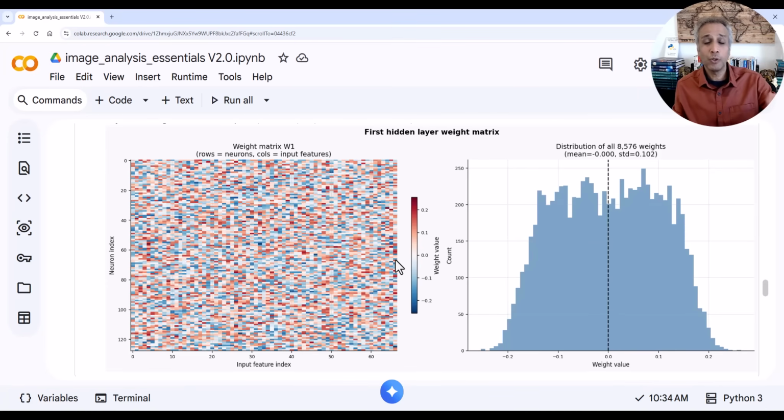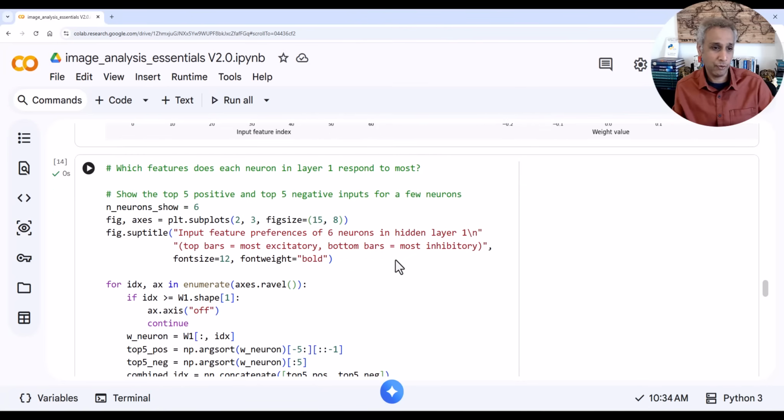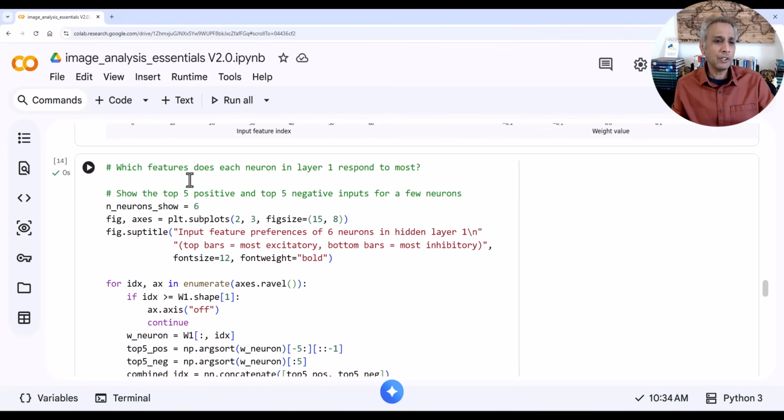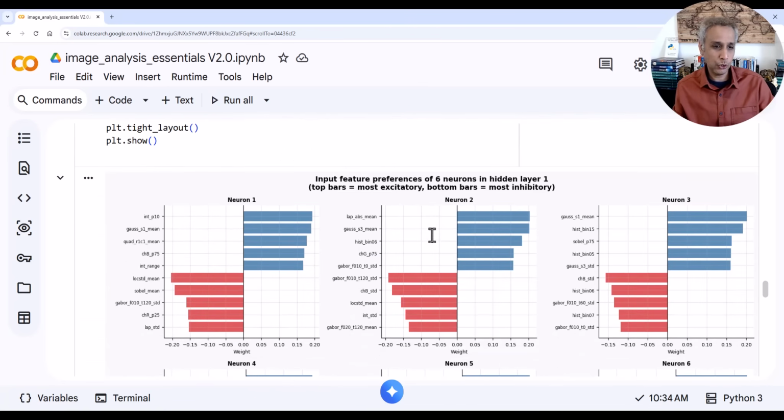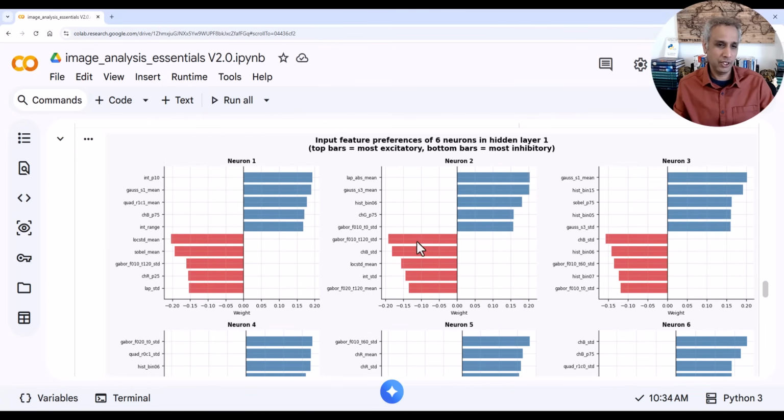Again, run this code with your own other data, not just cats versus dogs. Then you may see some trends over there. Here, which features does each neuron in layer 1 respond to most? Again, not so useful in our case, but if you want, you can go ahead and check this. We have all of these Gaussian means and the quadrant means, and a whole bunch of input features that we just generated, right?